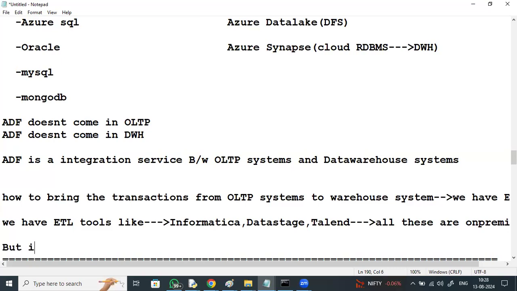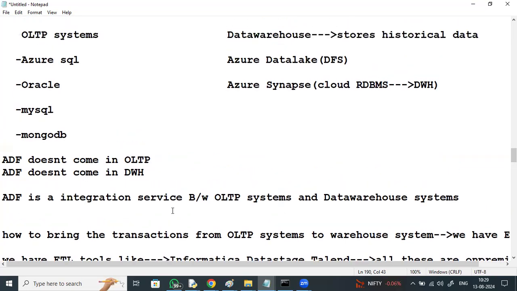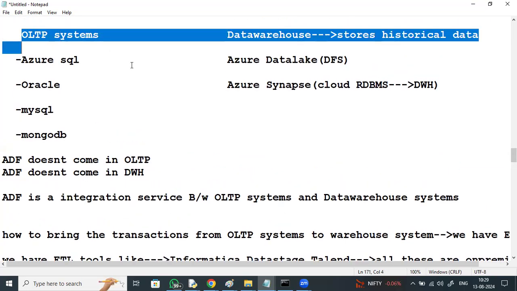But I need ETL on cloud. That is what? ADF. So who is going to pull the transactions and bring them from OLTP systems to data warehouse systems?